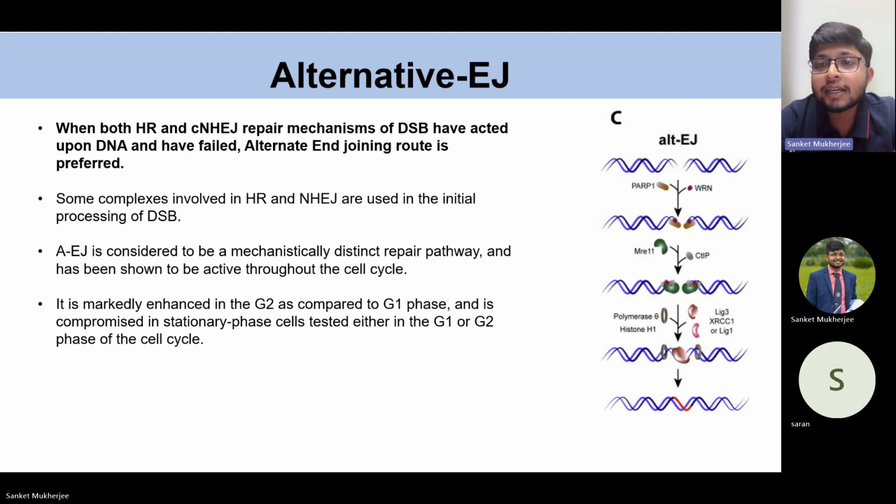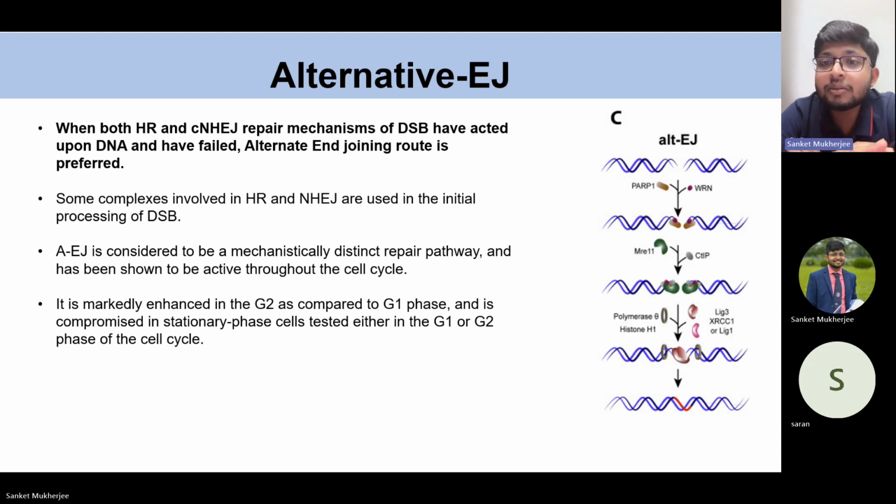Alternate end joining acts upon the double-stranded break when homologous recombination and non-homologous end joining have already happened, but they were not successful. So some proteins which are involved in homologous recombination or non-homologous end joining, both of them, are already present.